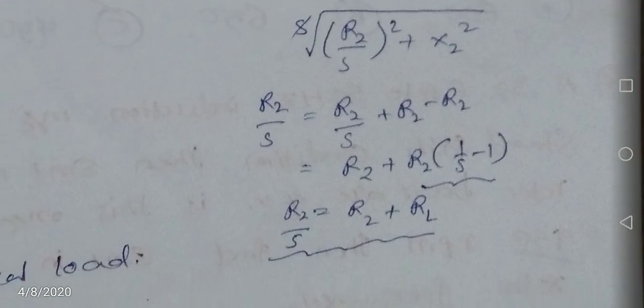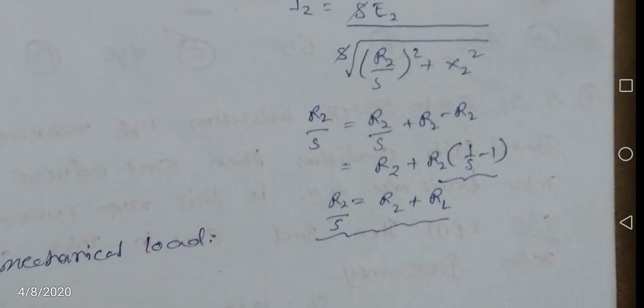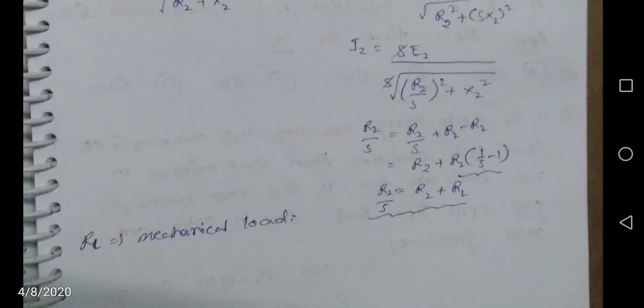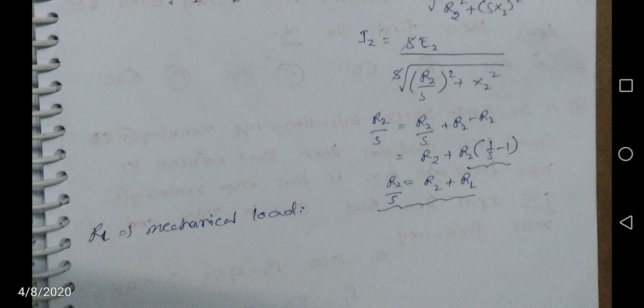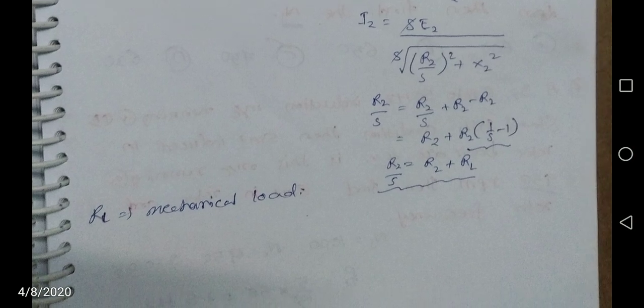RL is the electrical equivalent of the mechanical load. So RL is called the mechanical load, and its value is R2 into 1 by S minus 1. Now R2 by S equals R2 plus RL.